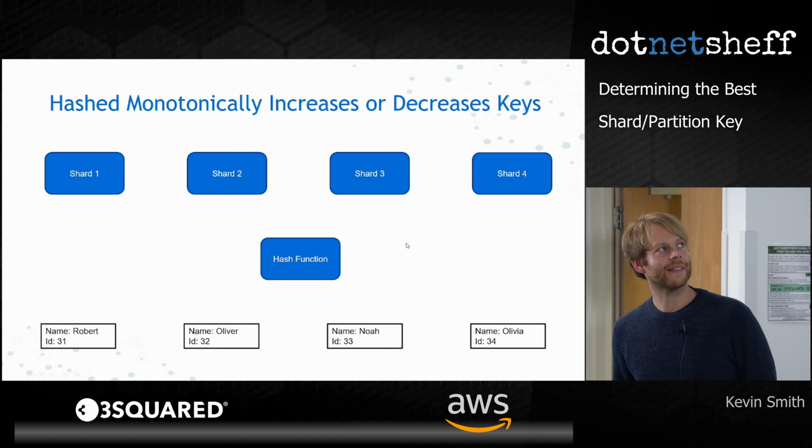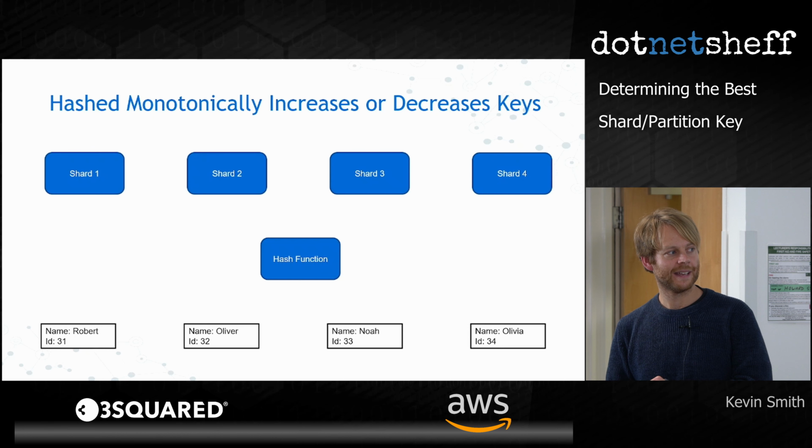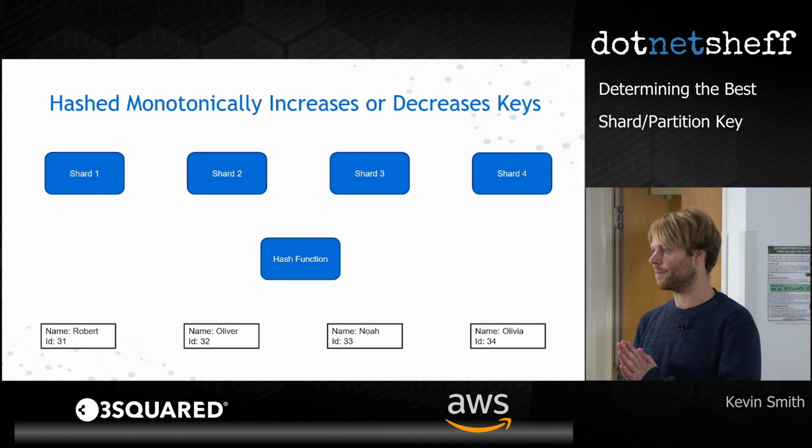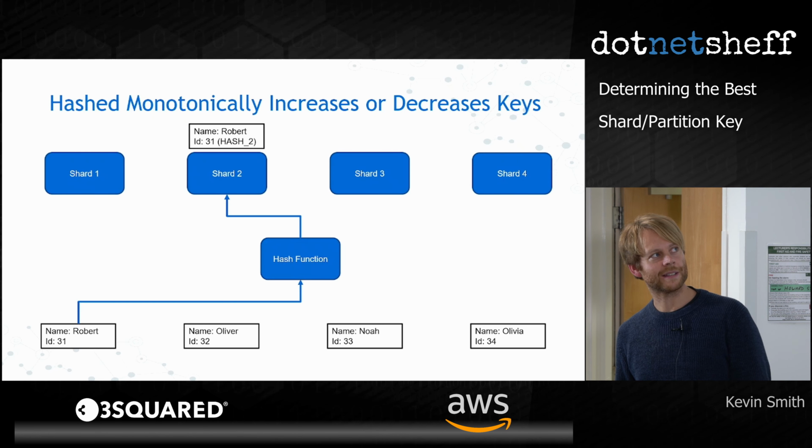We can also use a thing called hashing. So instead of just using the sequential IDs or the created at, we can pass that through some kind of hash function, and it'll distribute the actual records evenly across the nodes instead. So for example, Robert can come in, he's got an ID of 31, but this time he goes on to shard 2 because his ID is hashed and he's got hash 2.